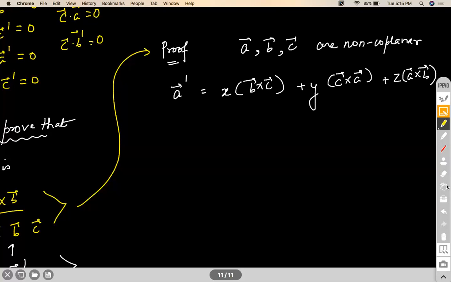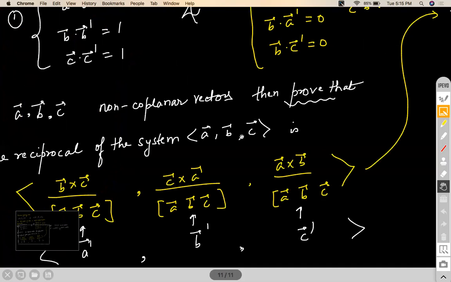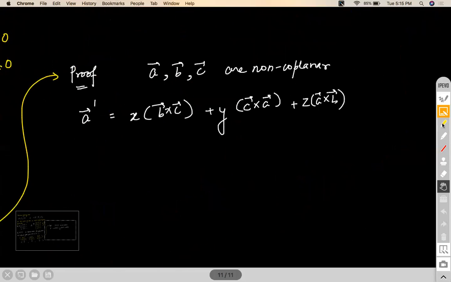And your A dash, B dash, C dash, which is basically acting as the reciprocal of this, are no exceptions, correct? So A dash, B dash, C dash can also be generated by the linear combination of these non-coplanar vectors. So I'm saying let my A dash, B dash, C dash be this, correct? Now, what do I know about the reciprocal system of vectors?